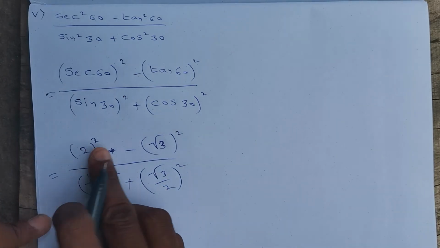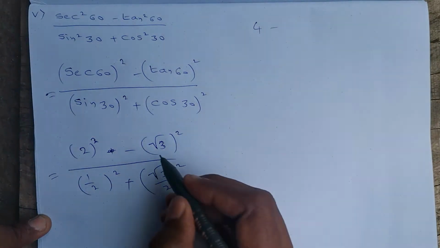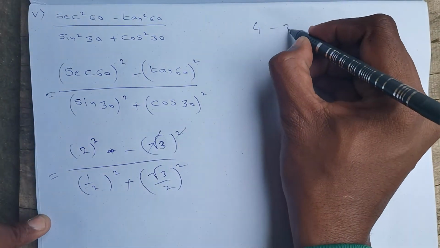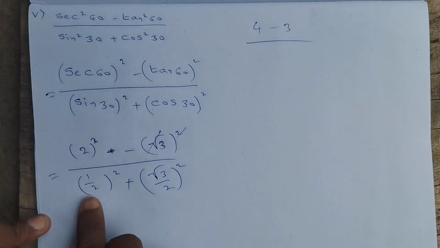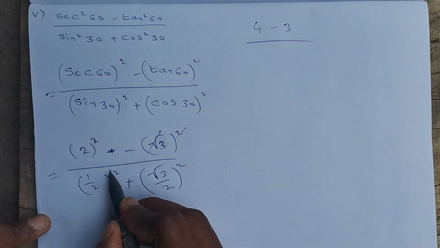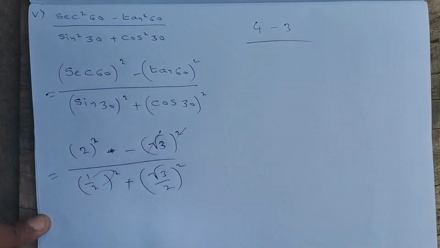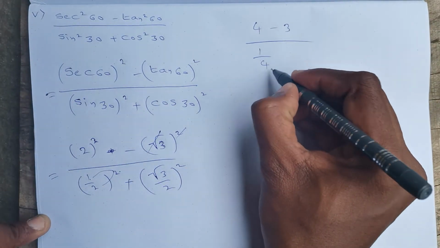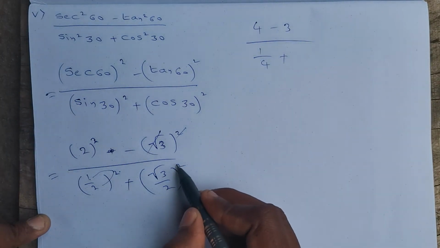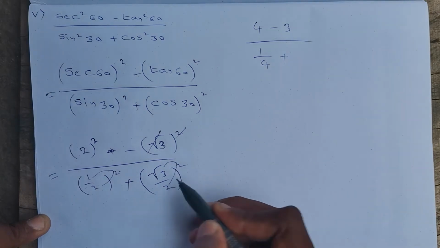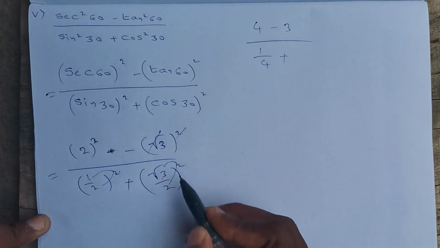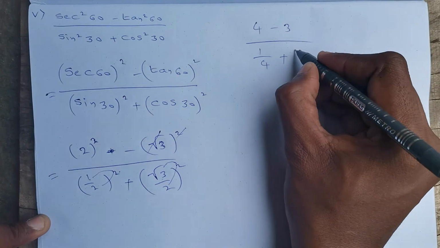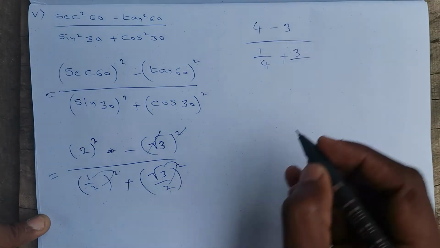Now 2 square 4 minus square root and square cancel, so 3, whole divided by 1 by 2 whole square. So this square is for numerator as well as for denominator also. So 1 square is 1, 2 square is 4, plus here also same, this square is for numerator as well as for denominator. So root 3 whole square, square root cancel, so remains with 3 by 2 square, 4.